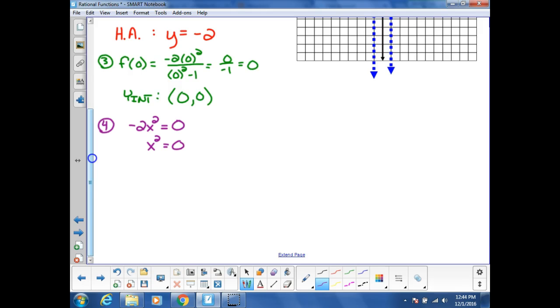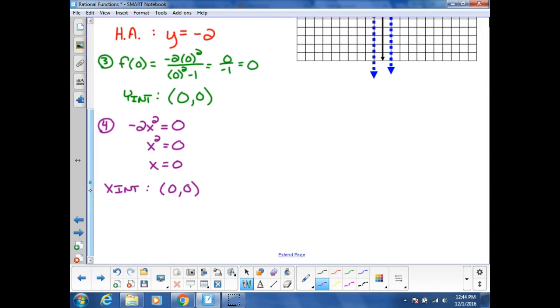That means that 0 here is a 0, but because it was squared, it's a double root. So in this case, my x-intercept is also 0, 0, but it's a double root.